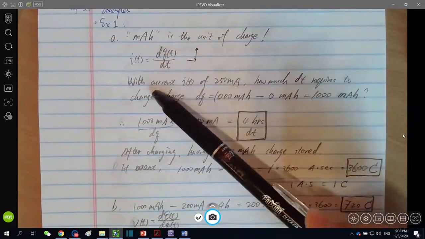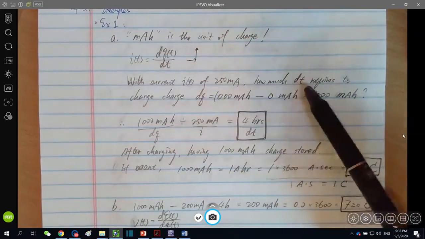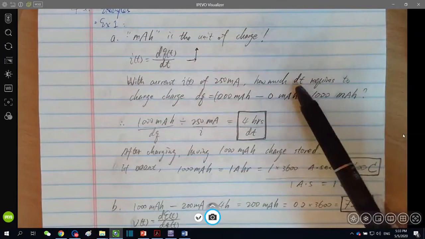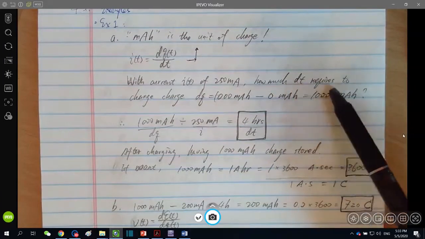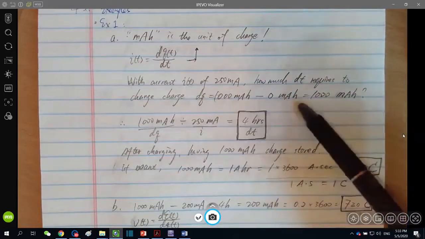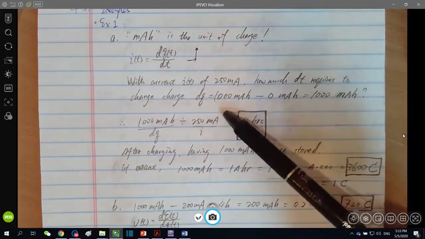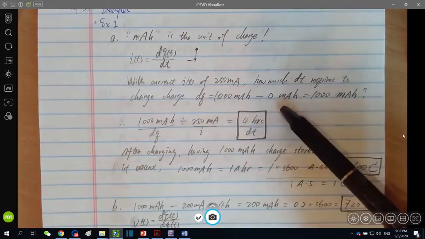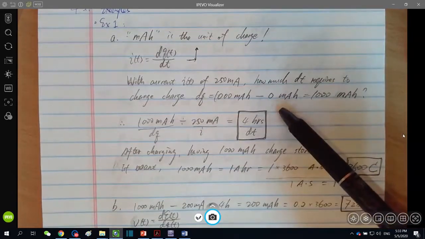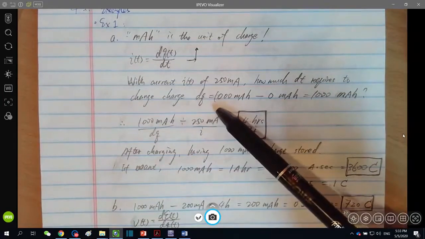So with this amount of current, how much time, meaning nothing but dt, is required to charge this amount of charge? How much charge do we need to charge? Well, it's a little bit twisting, but hopefully you know what I mean.